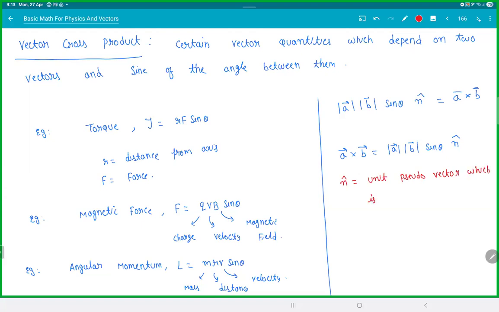We will talk about it in a bit. Like the dot product, we have created something like this. Clear with this so far?